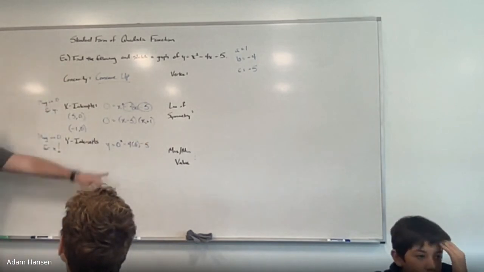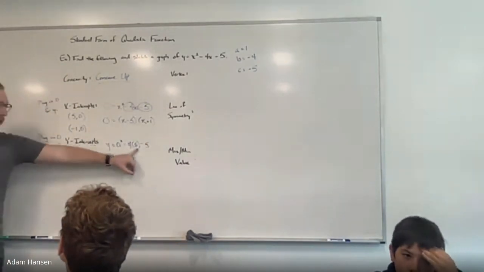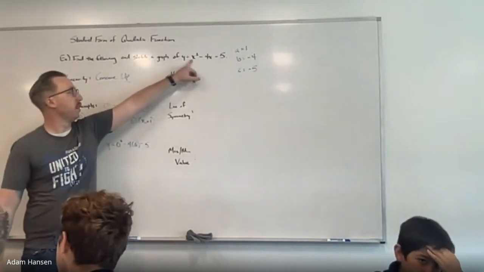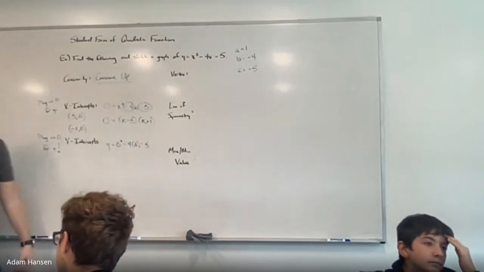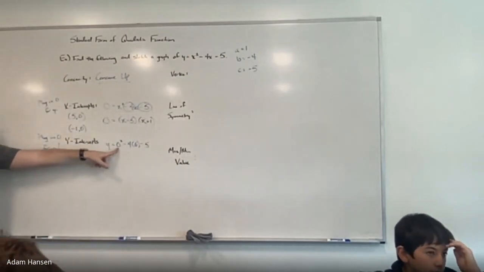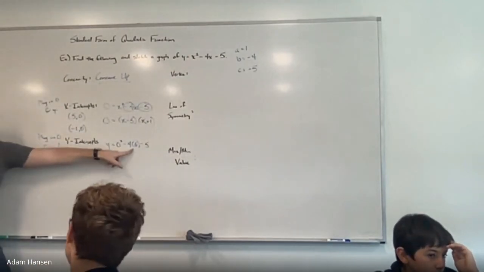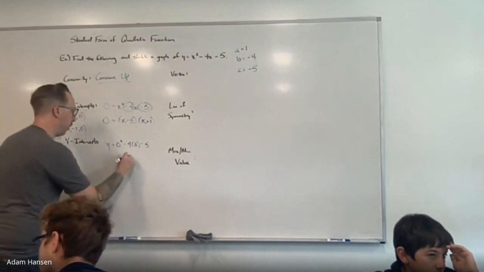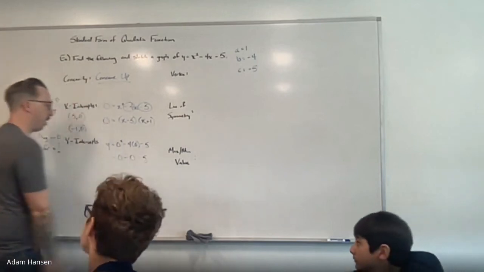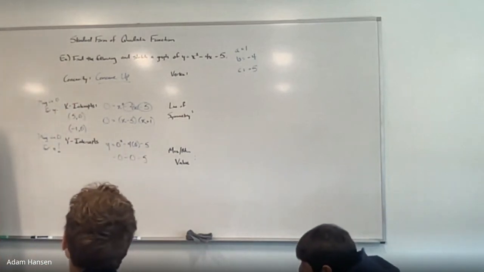I replace each of those x's with zeros. X squared became 0 squared. 4 times x is 4 times 0. And what's 0 squared? 0 times 0. 0. What's 4 times 0? 0. So it looks like 0 minus 5 is all I have left. Just negative 5.